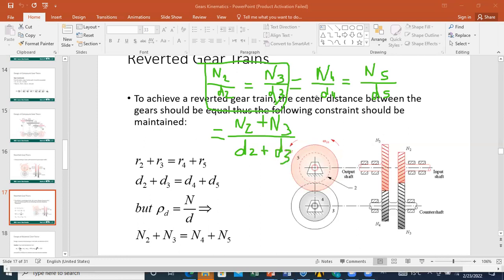And the same will apply here. So this should also equal N4 plus N5 over D4 plus D5.